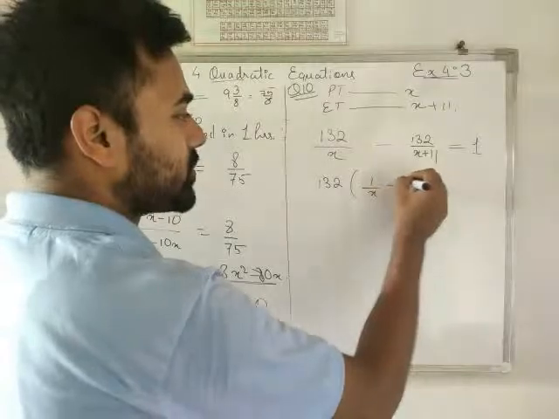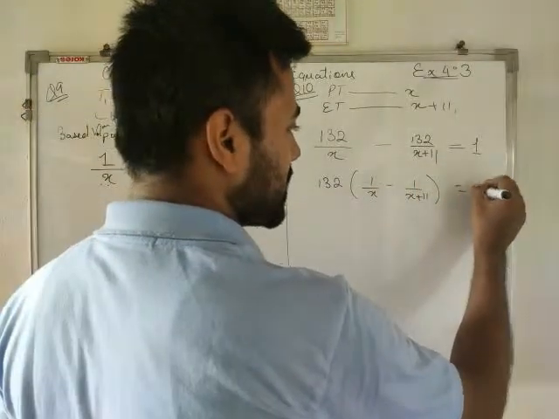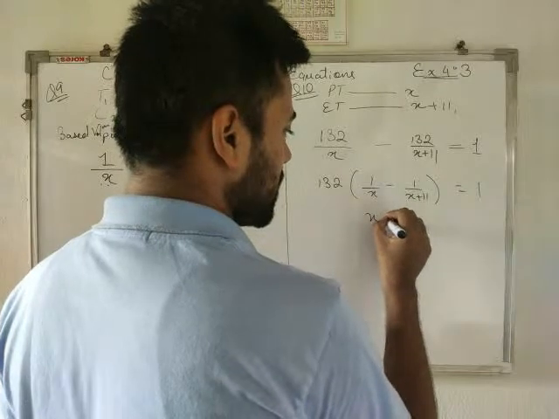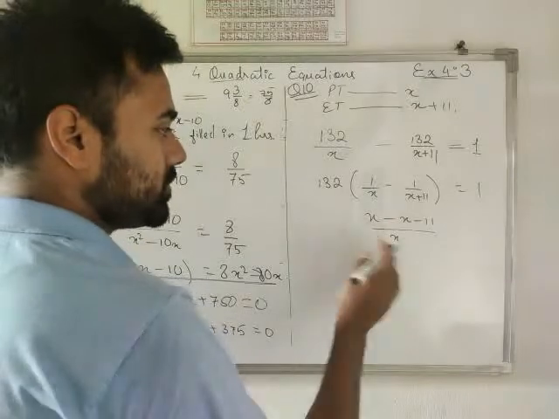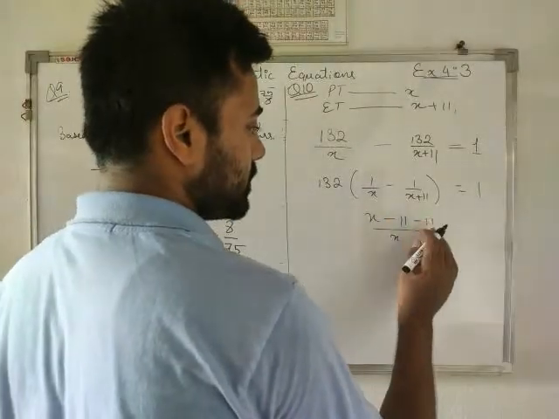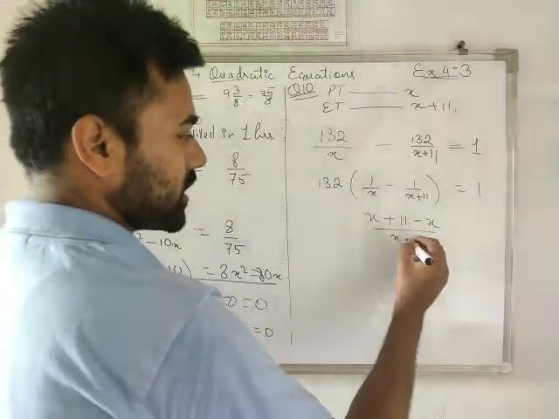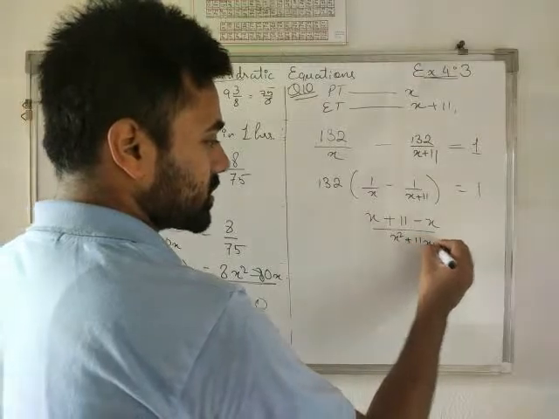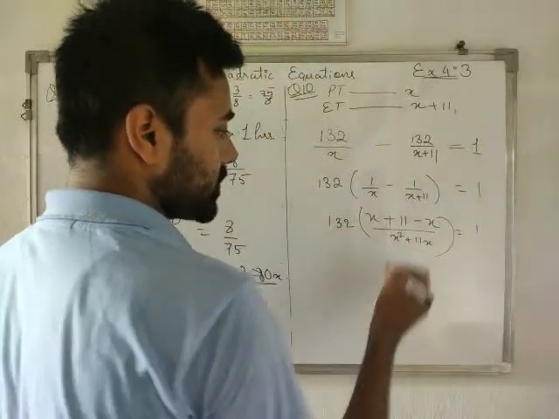It is just like the previous question. कुछ भी change नहीं है यहाँ पे. Exactly previous question जैसा ही है. I hope you have understood. Okay, इधर जाएगा x square plus 11x equal to 1 and here 132.